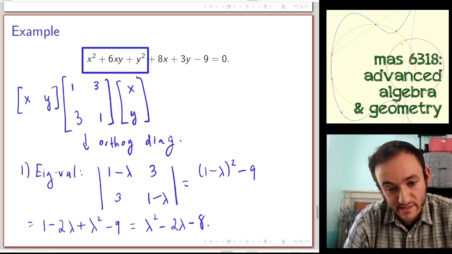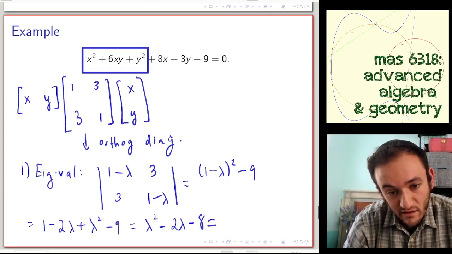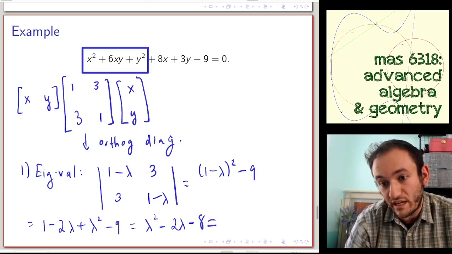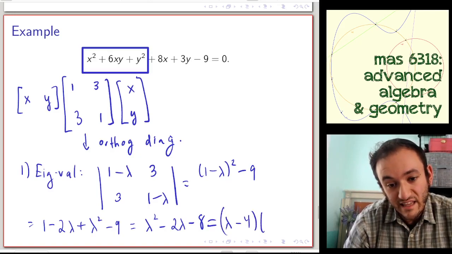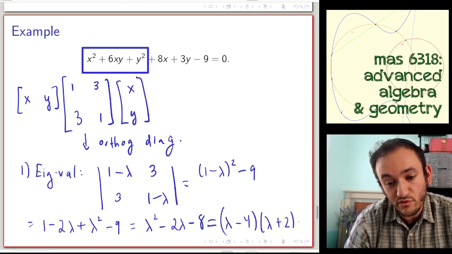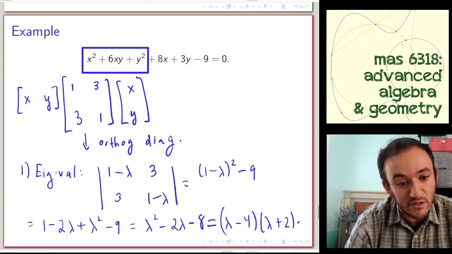This is not hard to factor. 8 factors as 1 and 8, or 2 and 4. See that 2 and 4 works here, so we get lambda minus 4 times lambda plus 2. So our two eigenvalues are 4 and minus 2.